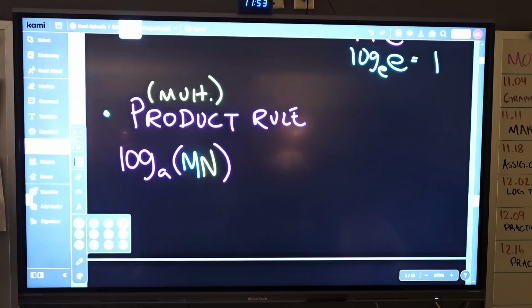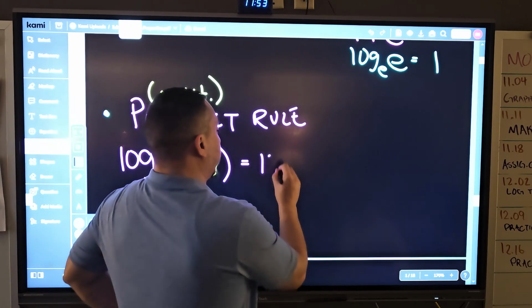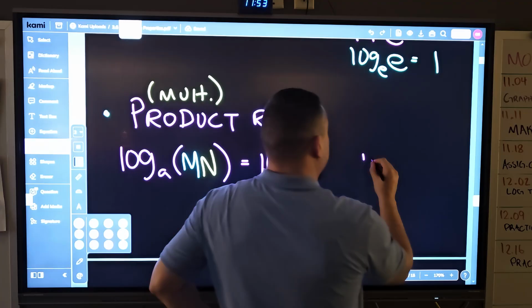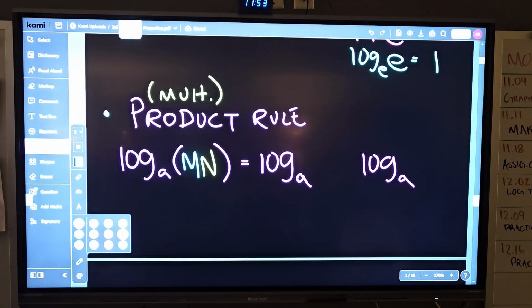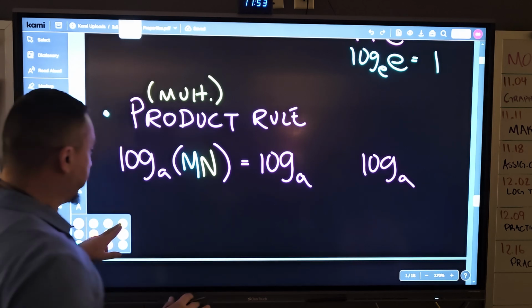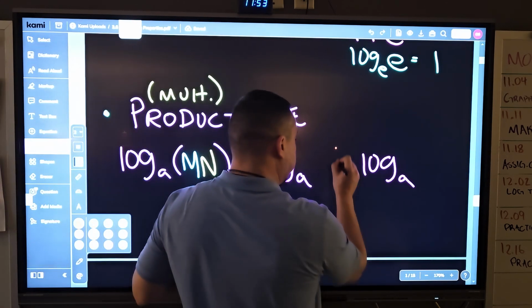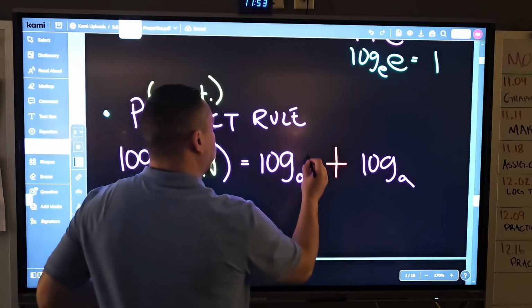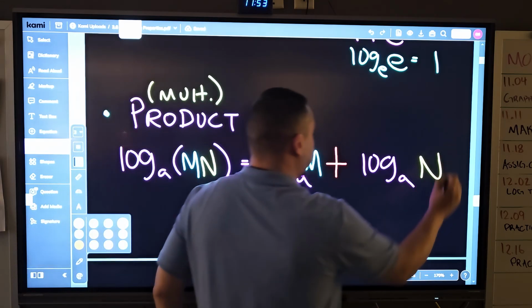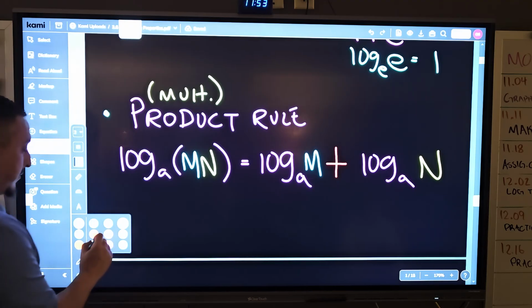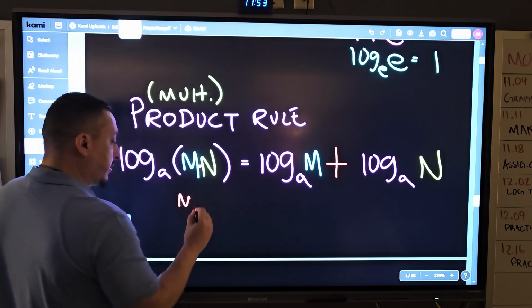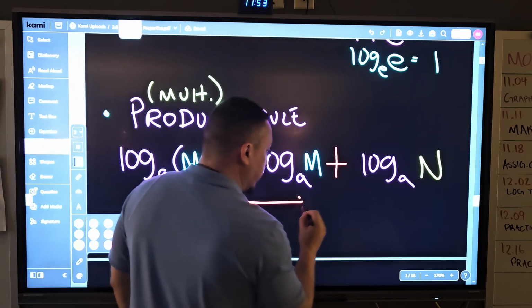So mn is implied that you're multiplying m times n. That's what's called the multiplication rule. If that's the case, we can switch that for... Anybody happen to remember what it becomes? No? Okay, no problem. I was just wondering. It becomes addition. Log of m plus log of n. So multiplication, because you were multiplying right there, turns to addition.